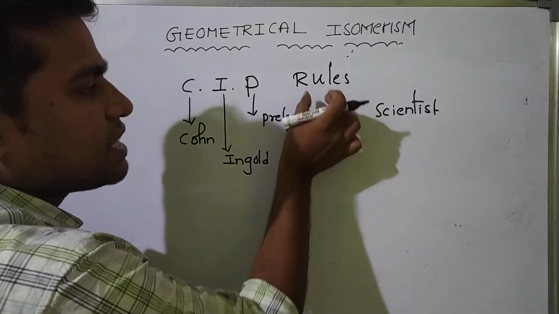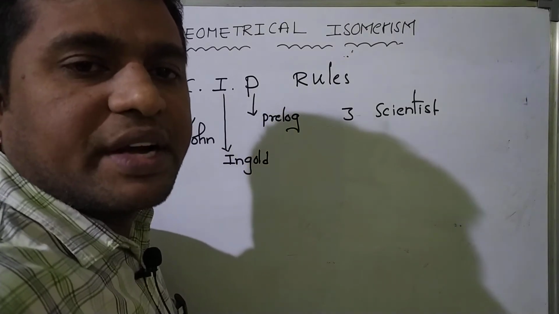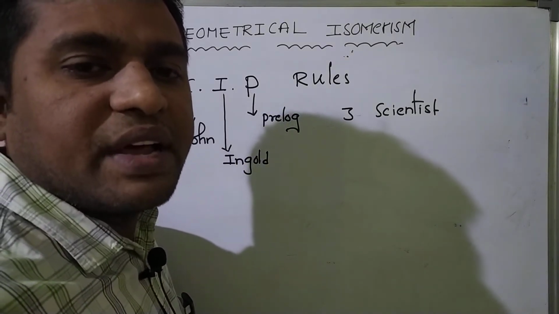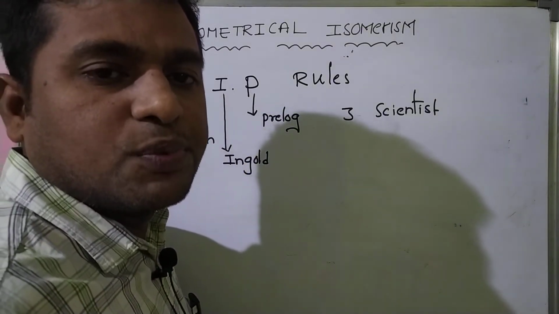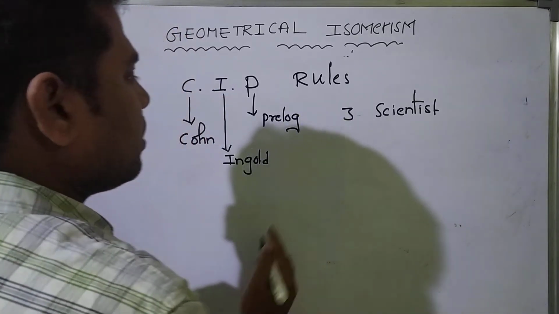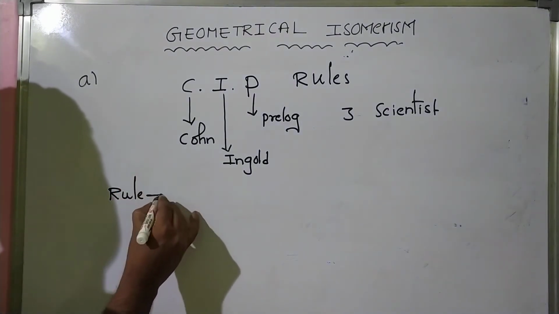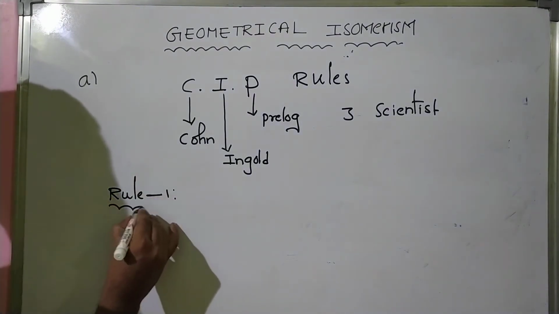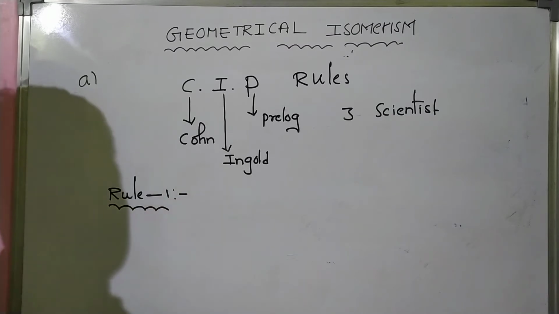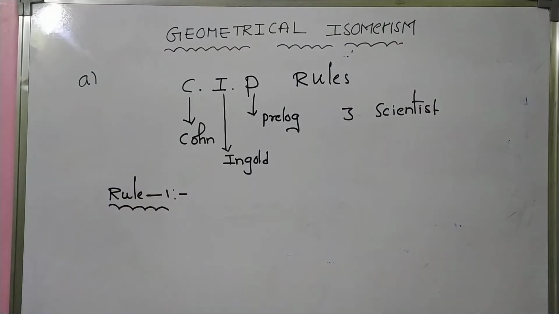According to these CIP rules, we will assign different priorities to the given atoms or groups around the carbon-carbon double bond. Now, rule number one. First of all, write this. So what is rule number one?